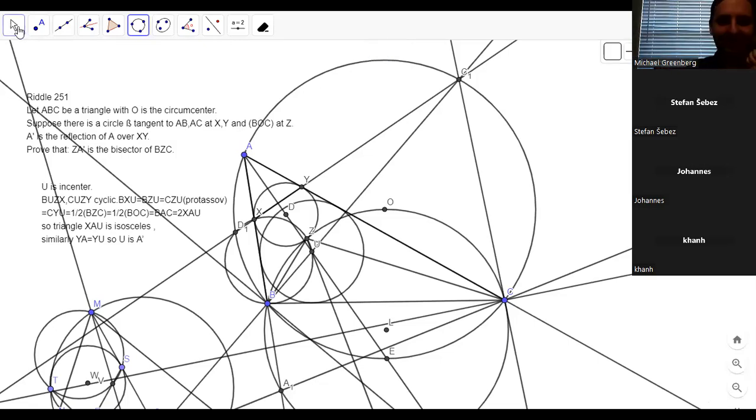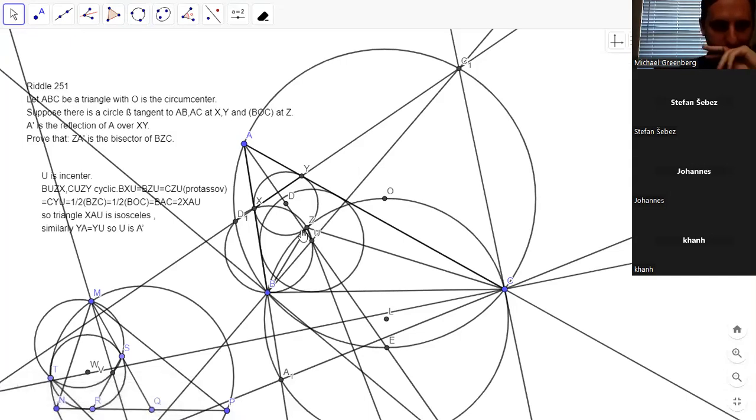So BXU is equal to angle A. Can we show BZU? Yeah, somehow we have to show U lies on that circle.